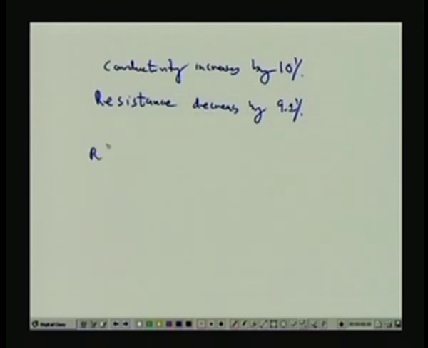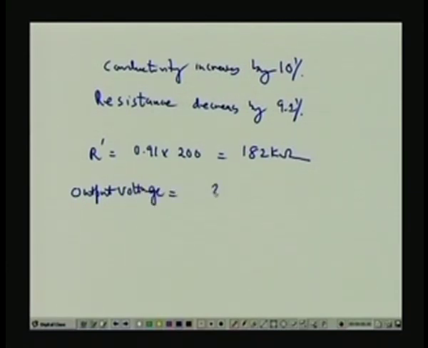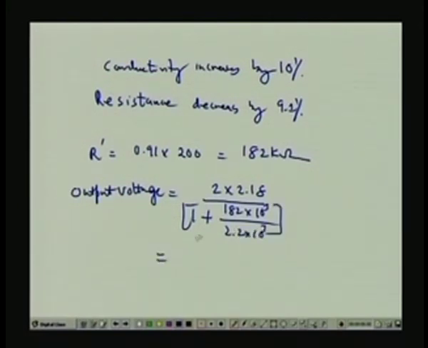So, R dash will be 0.91 into 200, equal to 182 kilo ohm. So, the output voltage will be equal to 2 multiplied by 2.18 upon 1 plus 182 into 10 to the power 3 divided by 2.2 into 10 to the power 6, like this one.